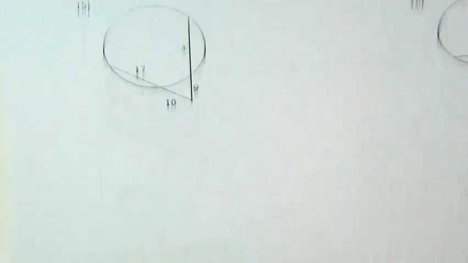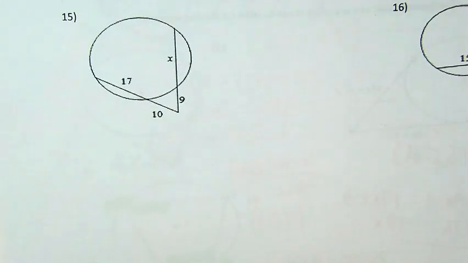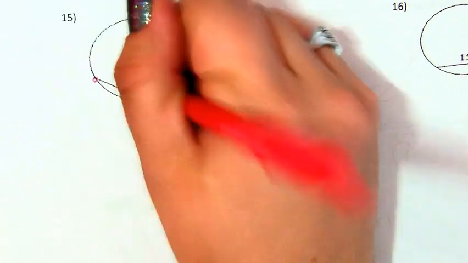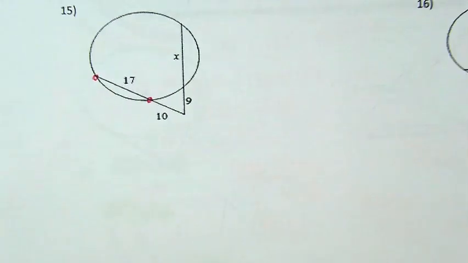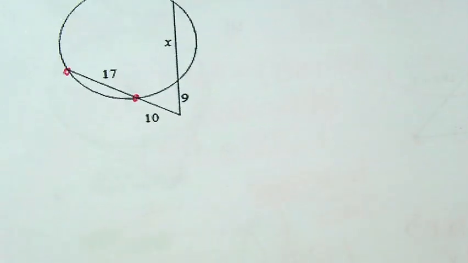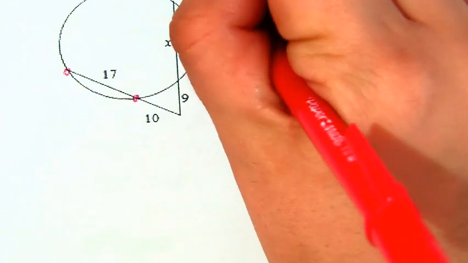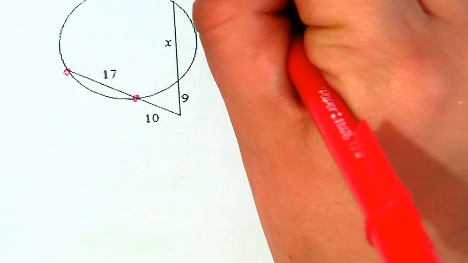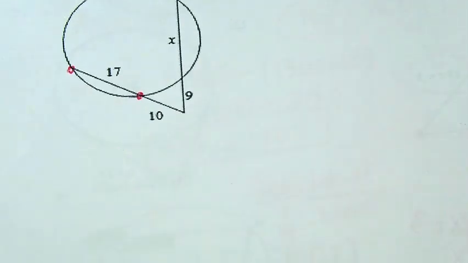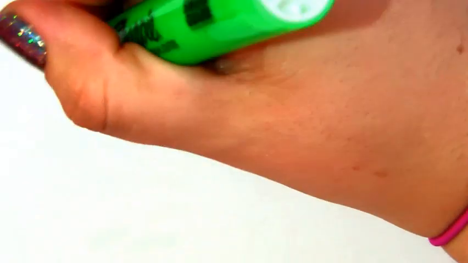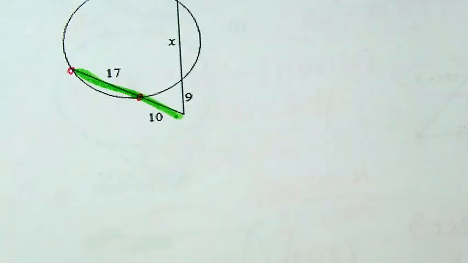Down here, 15. Secant line is a line that touches the circle twice. So we have secant product theorem here to find the measure of x. Secant product theorem is a little bit different than chord product. It says take the whole measure and multiply it by the exterior measure.